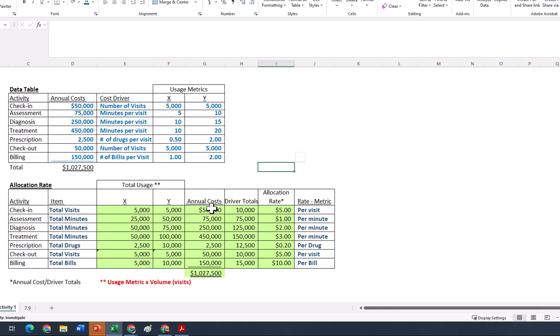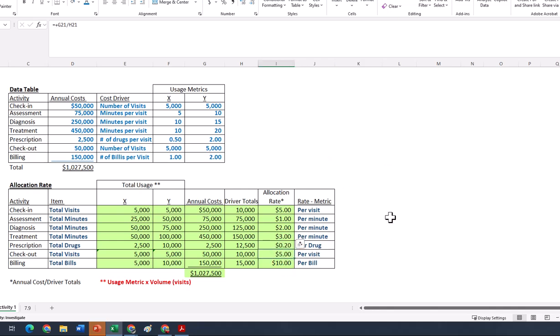So we take those annual costs divided by the driver totals and we get an allocation rate. So it's $5 per minute, $1 per visit, $2 per minute, $3 per minute, 20 cents per drug.